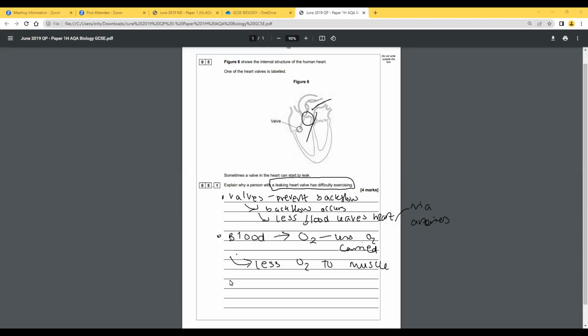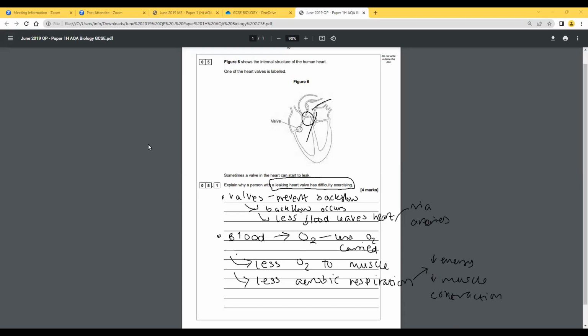And so there would be less aerobic respiration. Aerobic, because that is the type of respiration that needs oxygen. And so we can link that to less energy and less muscle contraction, because we want to link this to exercise at the end of the day.